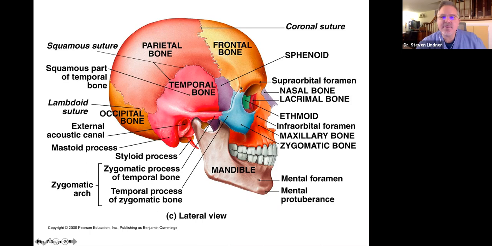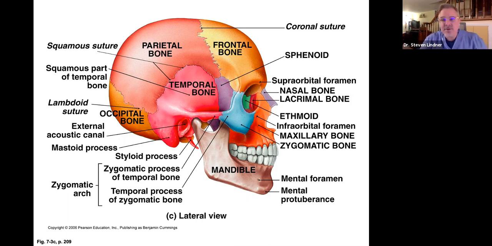This area, the purple region just in front of the temporal bone, is the sphenoid bone. The sphenoid is really important. You have to be able to identify it, not just from this view, but when we cut the skull and we take the cap off and we remove the brain and we look into the cavity of the skull from a bird's eye view looking down in, again, we can see the sphenoid, and the sphenoid bone looks like a bat or a butterfly, right, with its big wings.